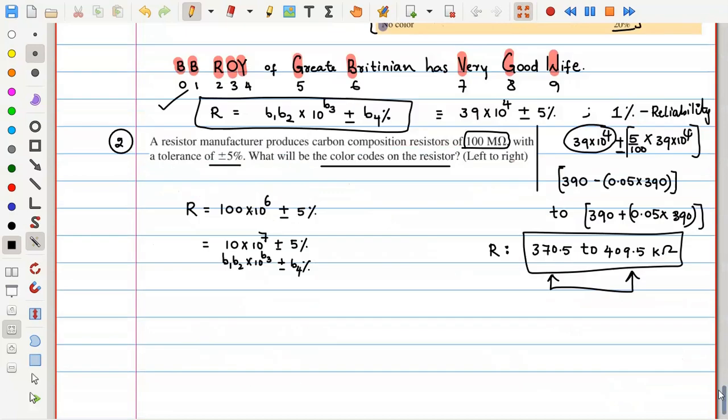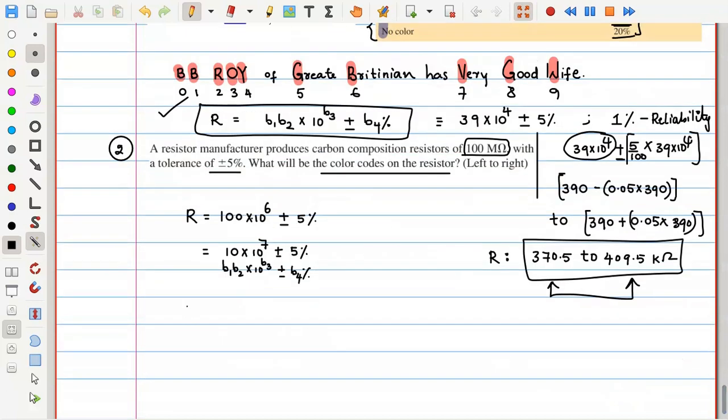Now tell me each of the band numbers. B1 is equal to 1, B2 is equal to 0, B3 is equal to 7, B4 is equal to 5%. This should be in percentage, remember. Now what does the number 1 represent? Brown.